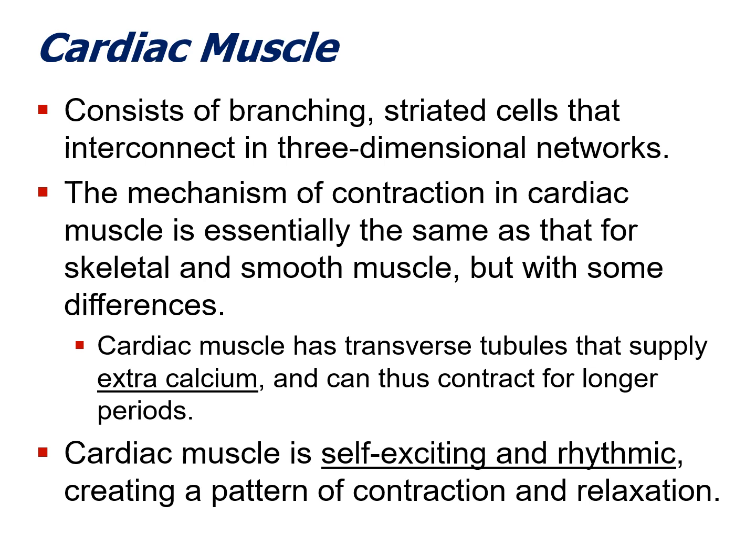However, there is one huge difference: cardiac muscle has T tubules, and the T tubules in cardiac muscle supply extra calcium. That extra calcium allows cardiac muscle to contract for a longer period, and that allows for the heartbeat to take place.